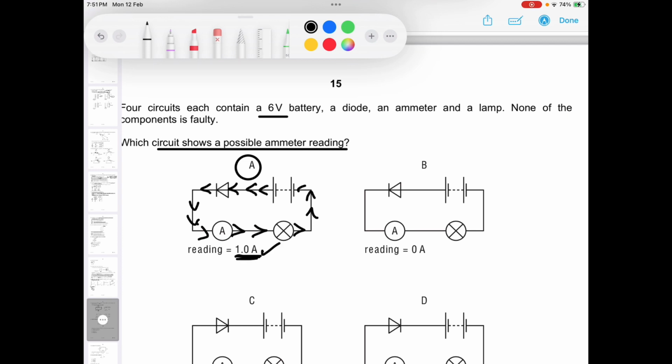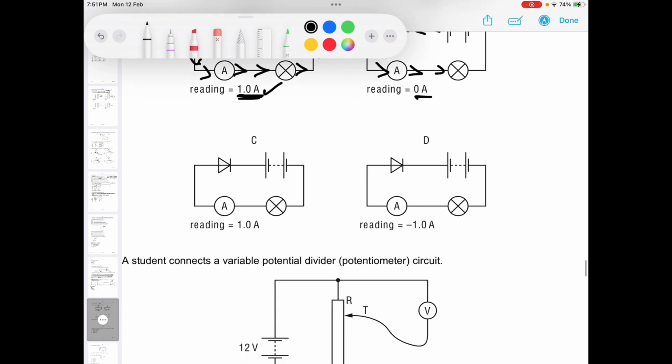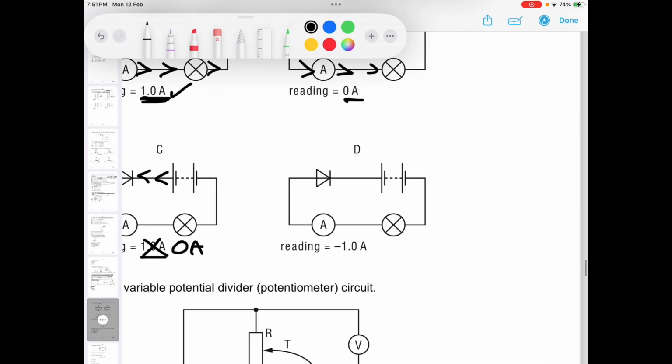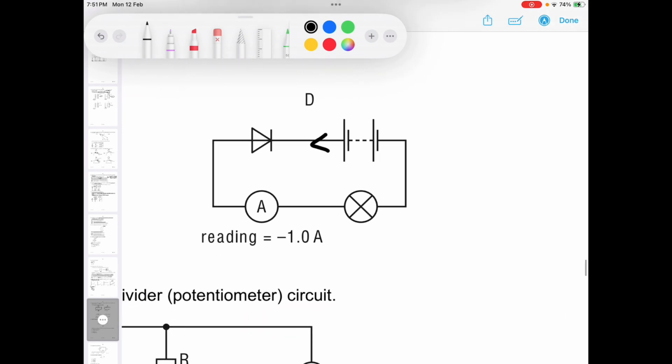Here it does not give a reading, that's why B is wrong. I mean, it passes through the diode and the meter, so it should give a reading. C. It's facing the wrong direction. No current passes. 0 amperes. D. No current passes. It's 0.